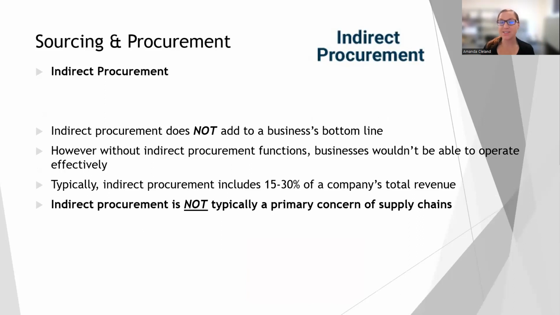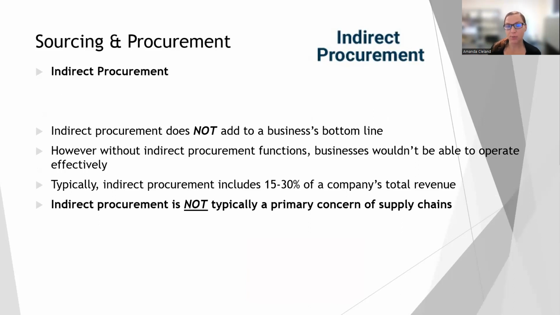Indirect procurement does not add to the business's bottom line. However, without indirect procurement functions, businesses would not be able to operate effectively. And typically, indirect procurement is about 15 to 30% of a company's total revenue. But again, this will vary based on the individual business, based on the type of industry that they're in.